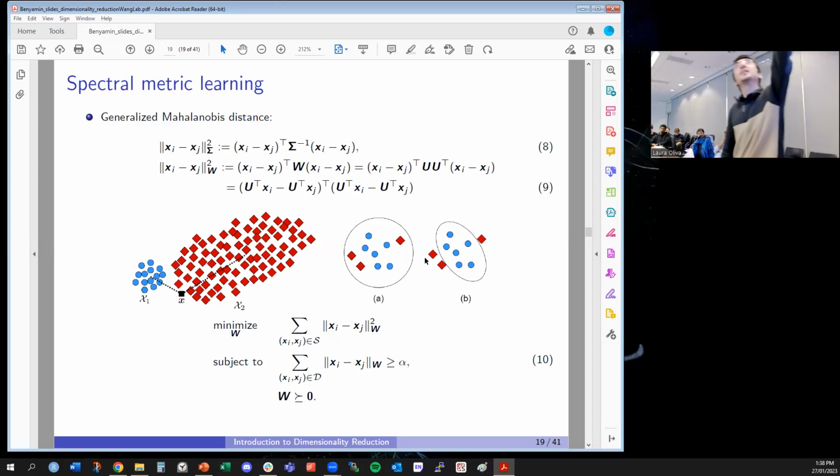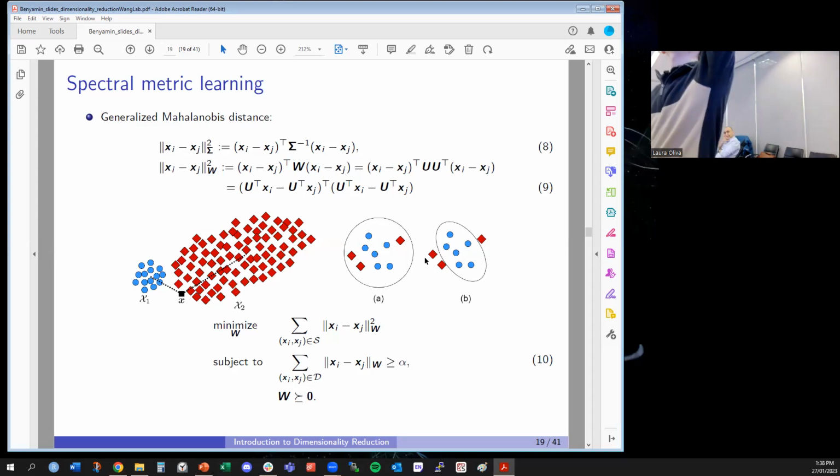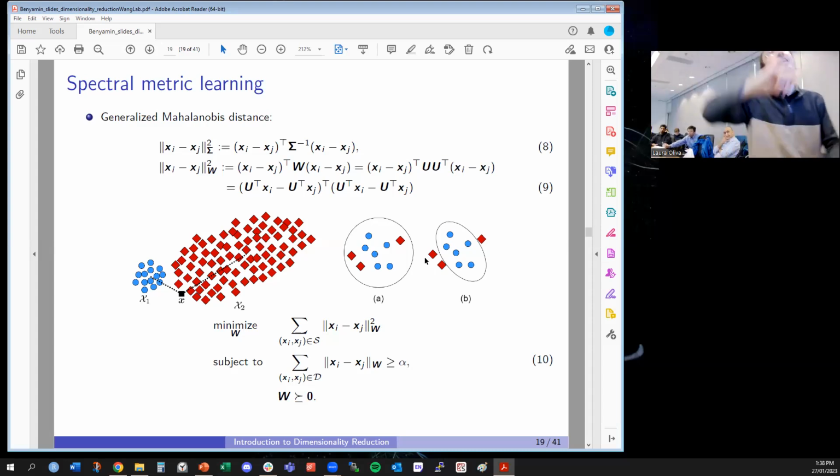Now, by definition, as it is positive semi-definite, I can decompose it to UU transpose, right? Then if I simplify it, it becomes this. And what is this? Can someone tell me? This, equation 9, is exactly the Euclidean distance between the projected data points, because U transpose X is projecting data points by projection matrix U. This is a squared Euclidean distance, right?